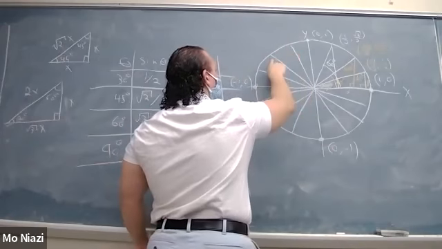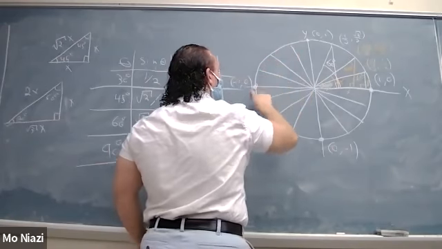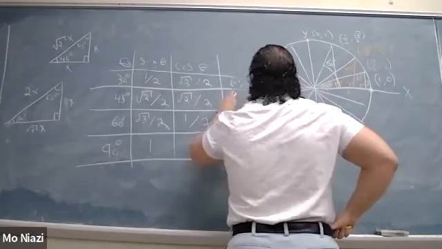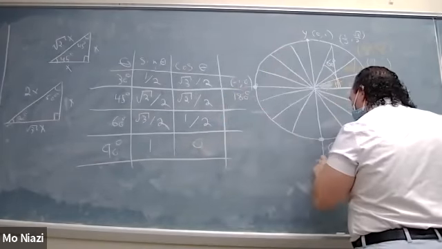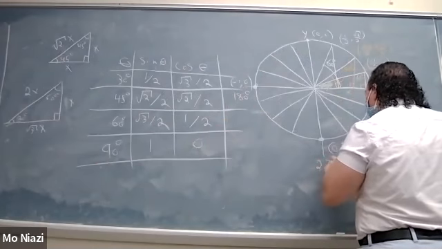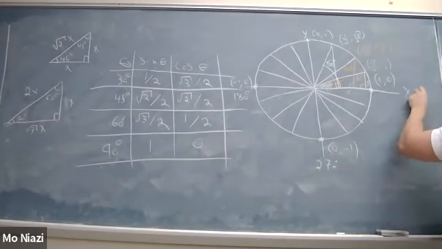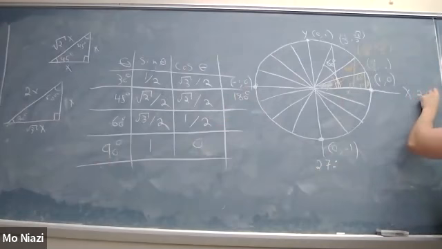So what degrees is this going to be? And what degrees is this going to be? We know this is 180. And we know this is 270. And we know this is 0 or 360.